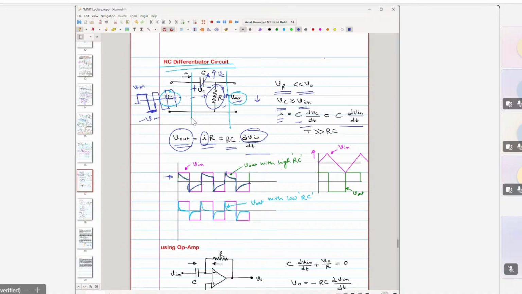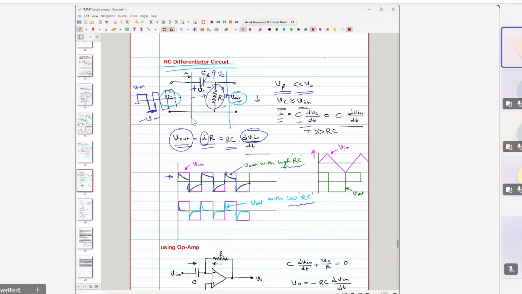But instead of using a high RC, if we make that RC time constant significantly low, then what will happen? The capacitor would get charged very quickly. The capacitor charging very quickly means the potential drop across this R will also reduce quite fast. So you can see it just shoots up, then decreases.